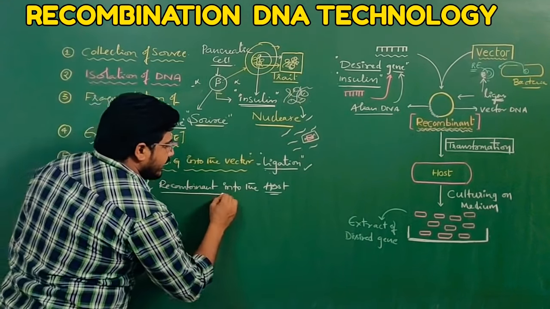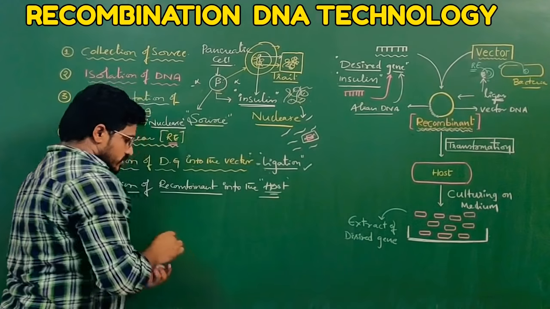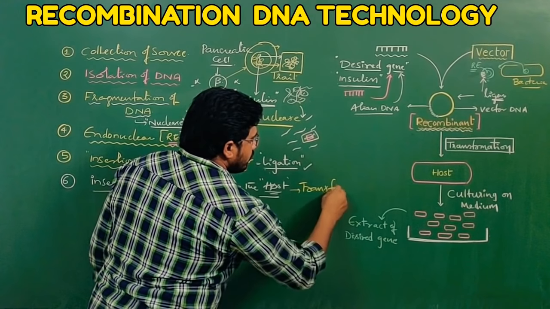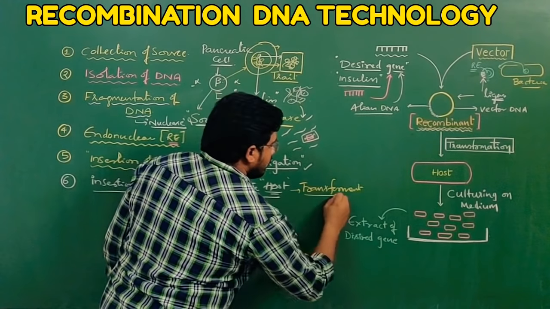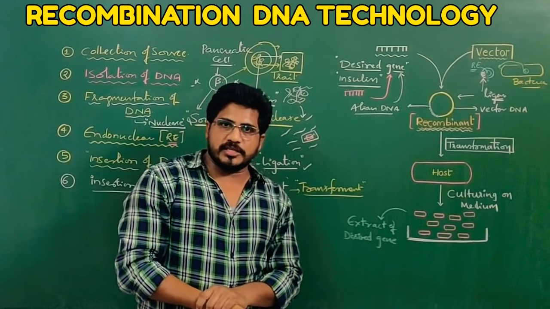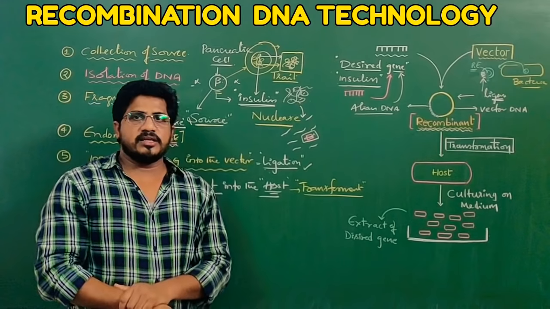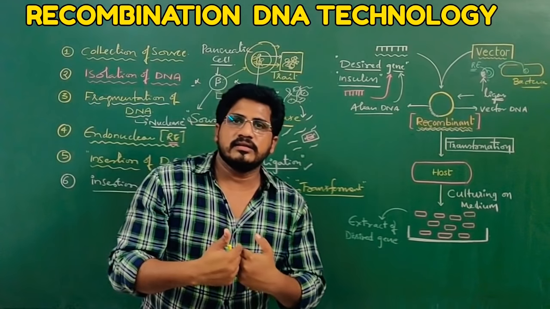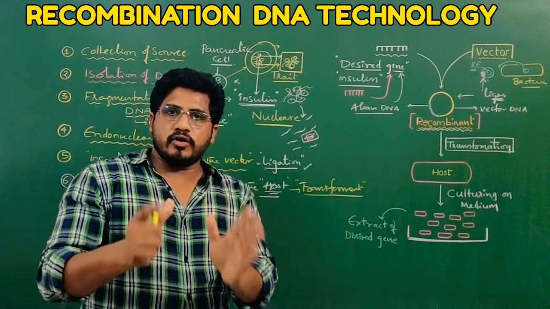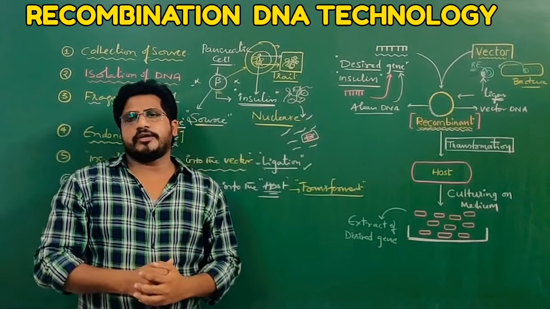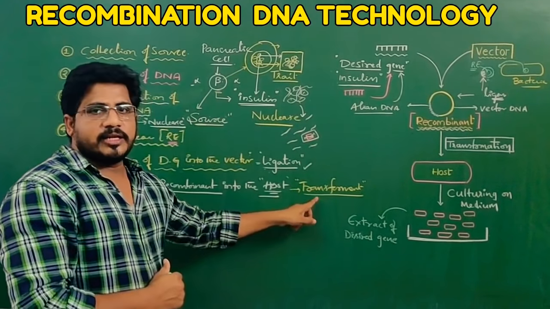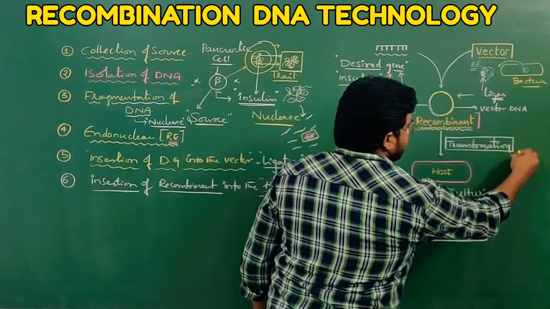That recombinant you are inserting into the host. Then this host is called transformant. What is a transformant? A transformant is the host in genetic engineering that receives the vector. Once the vector is successfully transferred into the host, whether prokaryotic or eukaryotic, that host is called transformant. That process is called transformation.